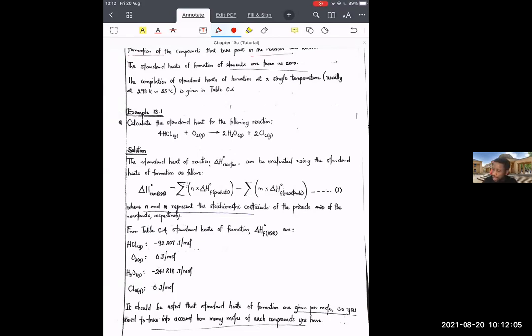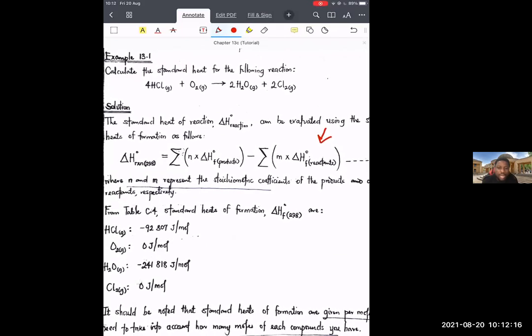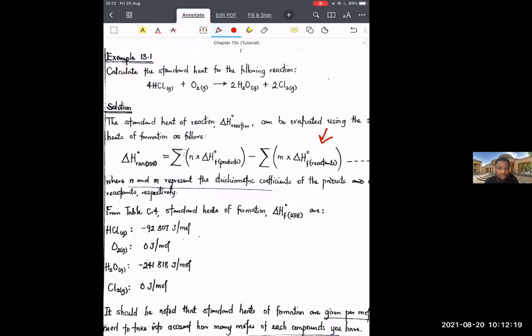If you remember from Hess's law and the equation we looked at yesterday, you get your heat of reaction by summing the heat of formation for the products and the heat of formation for the reactants, and then finding the difference between the two. So you do the summation. Another thing that is critical is the stoichiometric number of moles for those different components.